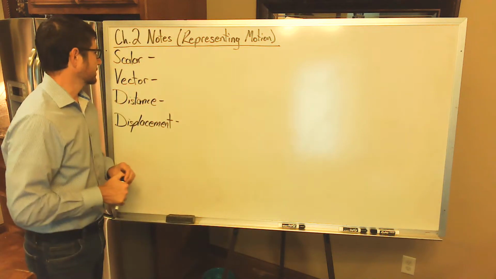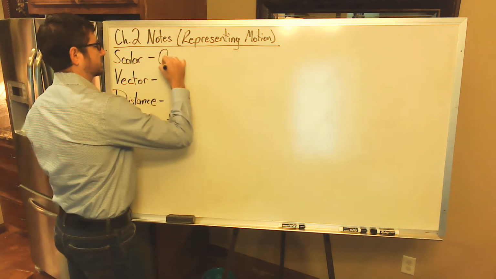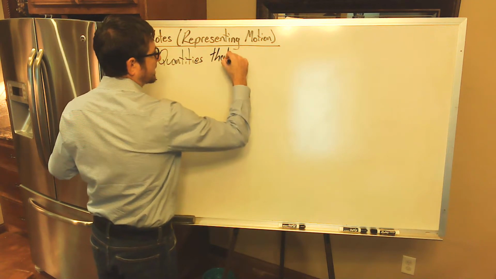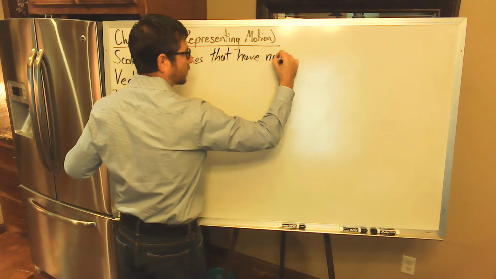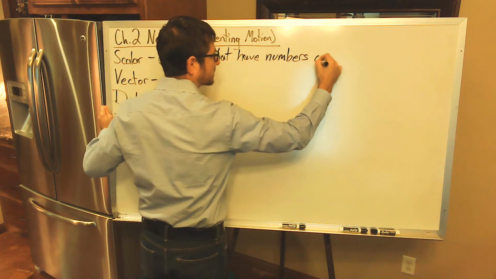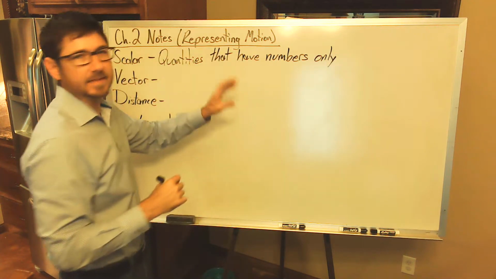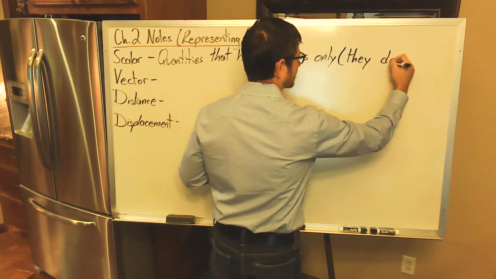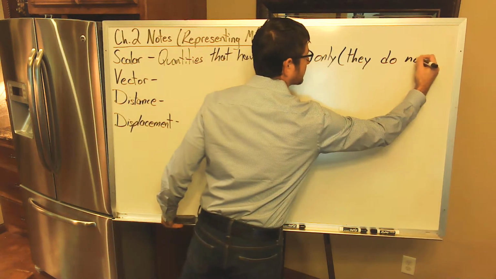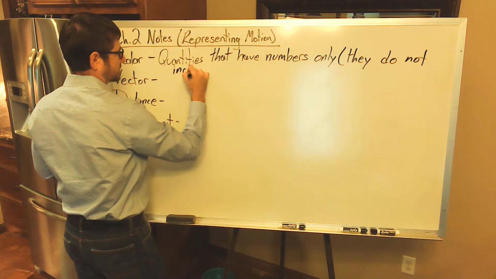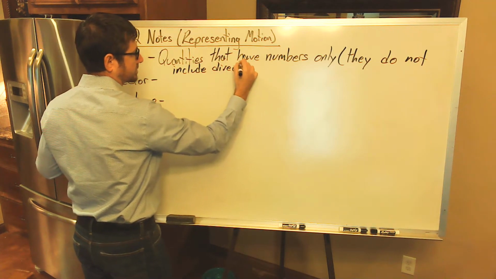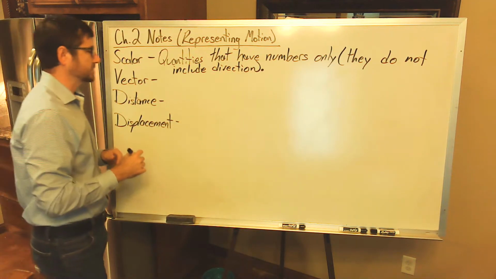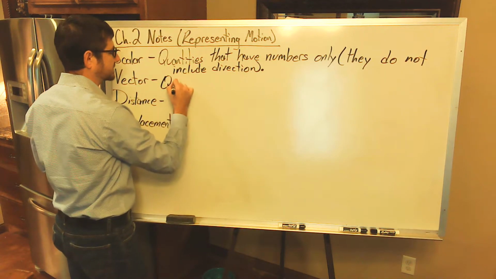So, scalar, these are quantities that have numbers only. I'm going to add, they do not include a direction. Now, a vector is a quantity that has both magnitude and direction.